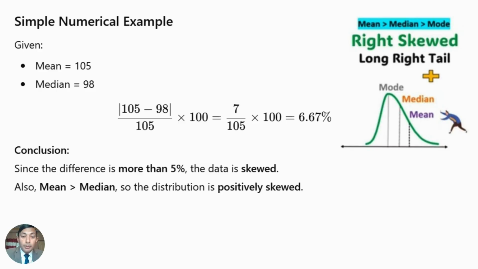That we have to know. One real-world example of right skewed: in a company, salary distribution is usually right skewed because a small number of top executives have very high salaries, which we can see in different companies.